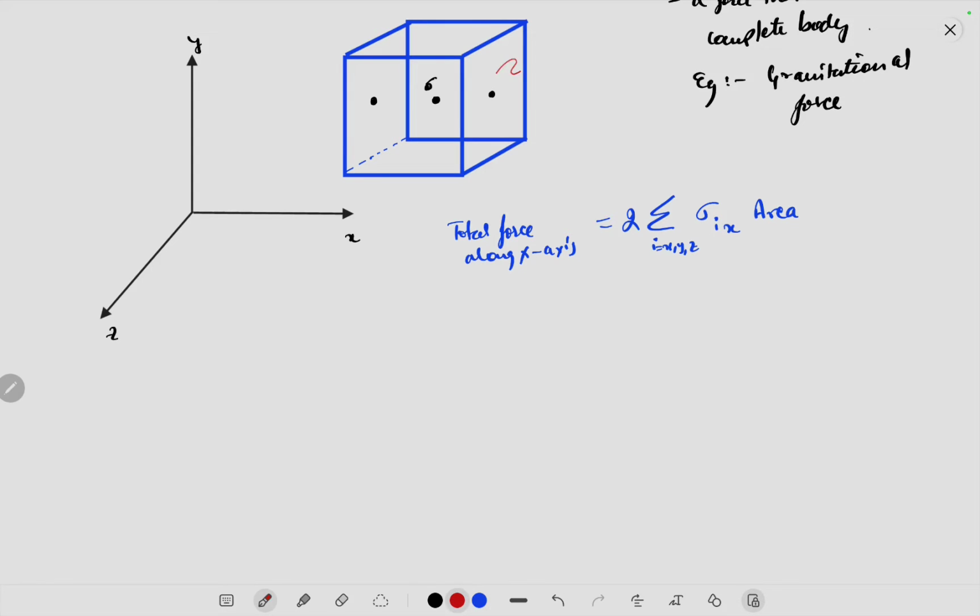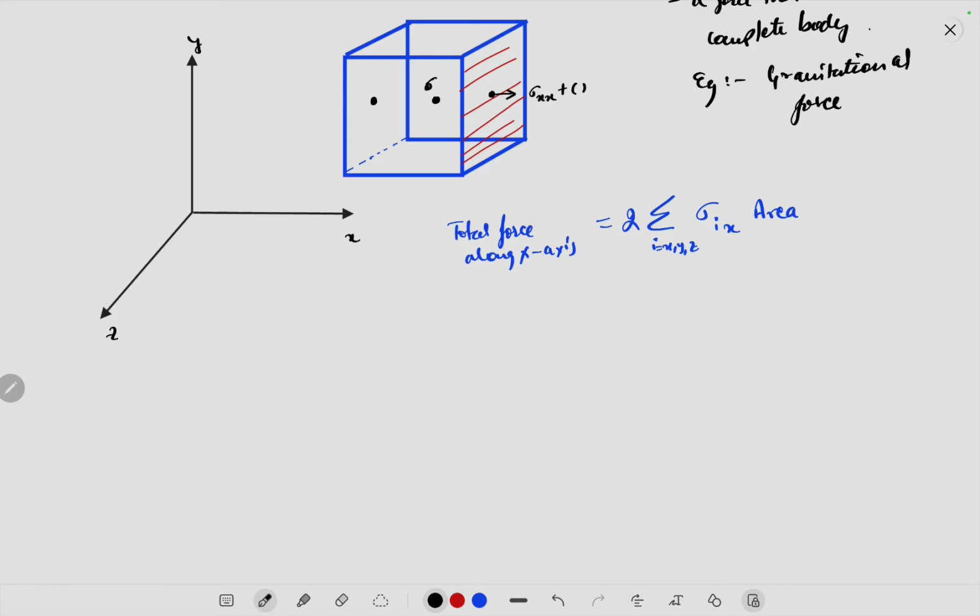Now we want to find the total force along the x axis. So let's consider first this surface. What will be the component of sigma which will be significant for the force on this plane along the x axis? That will be sigma xx plus something which will be found from the Taylor series.